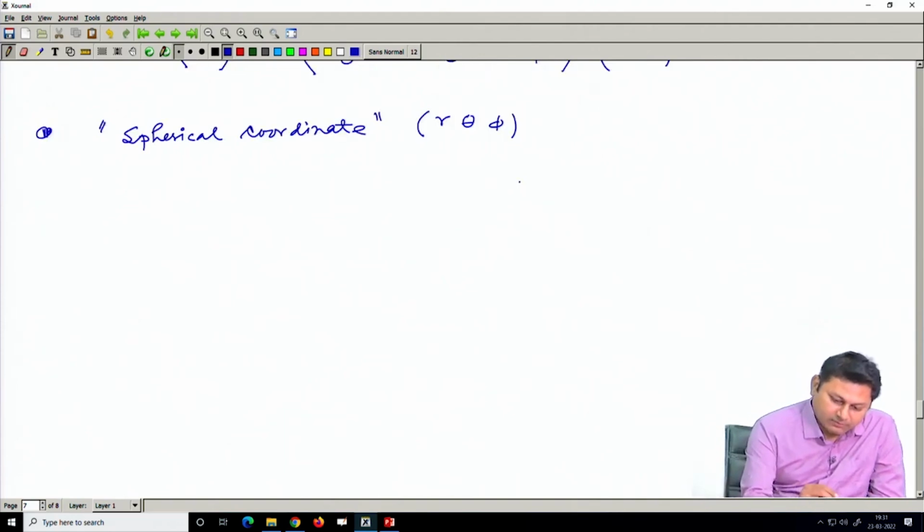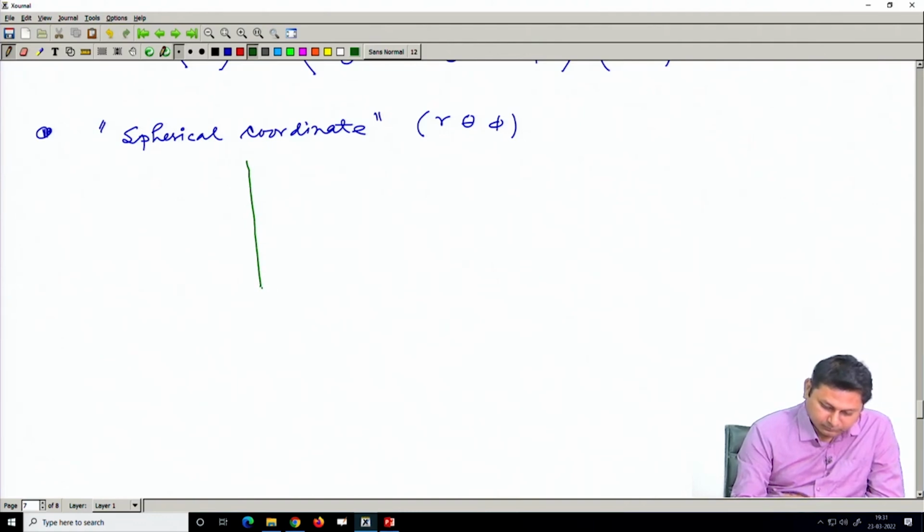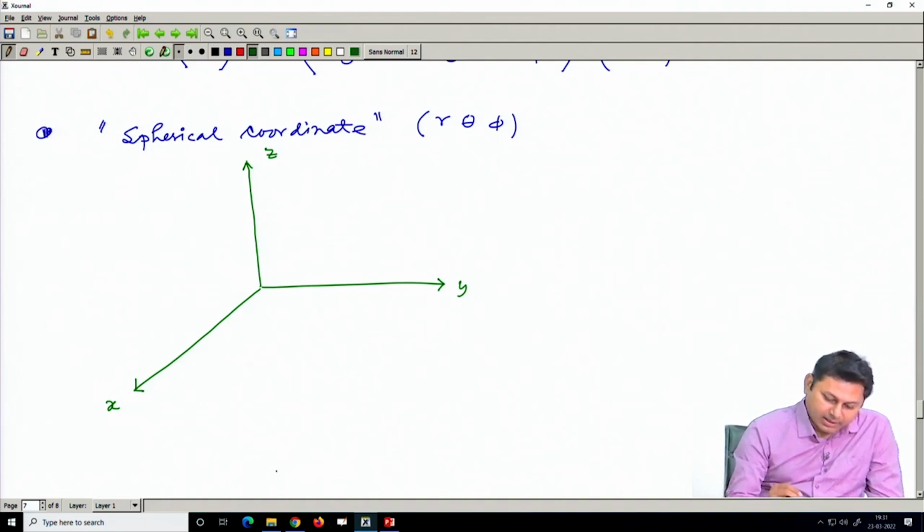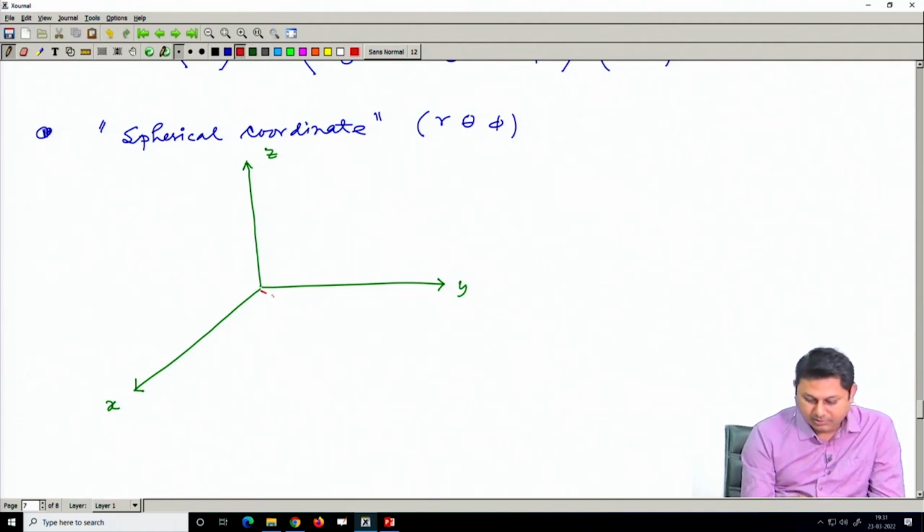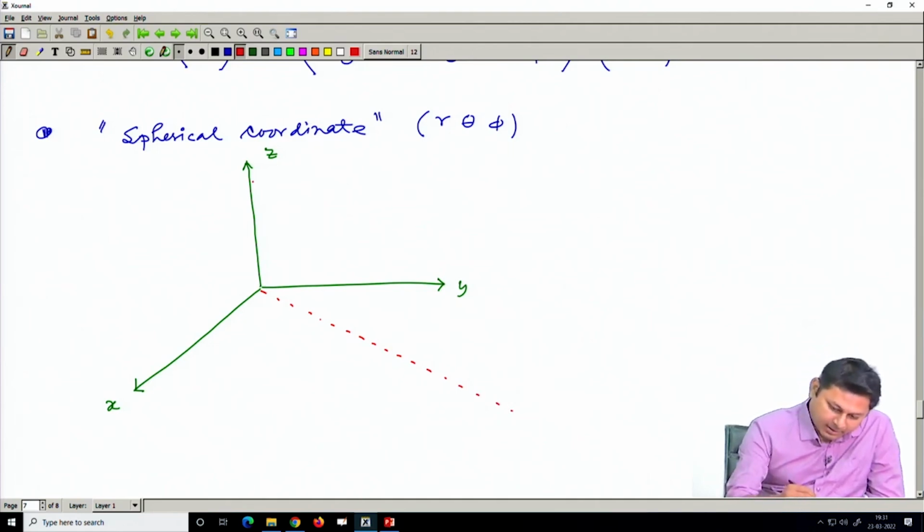So, let me first draw carefully. This is x, this is y, and this is z, and along this direction is the rho.